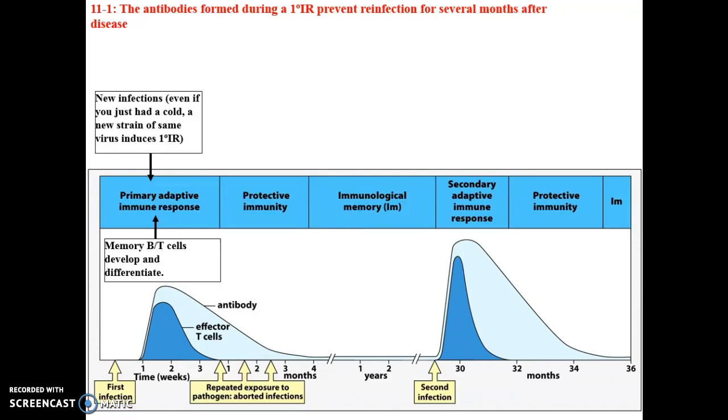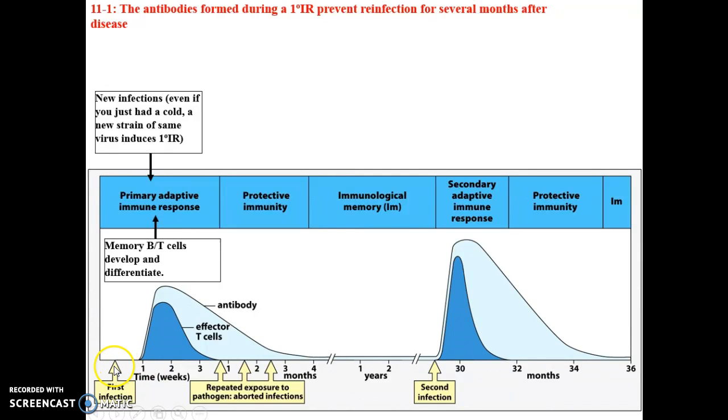So here, the primary adaptive immune response. These are new infections, new exposures. Even if you've just had a cold, a new strain of the same virus can induce a primary immune response. Since it's a new strain, your immune system may not recognize anything from it. Here you have your infection, and you've got a lag time.